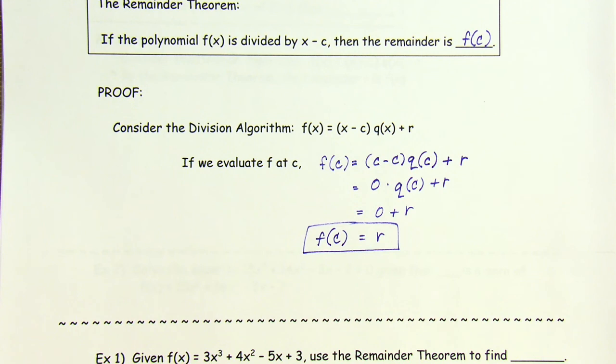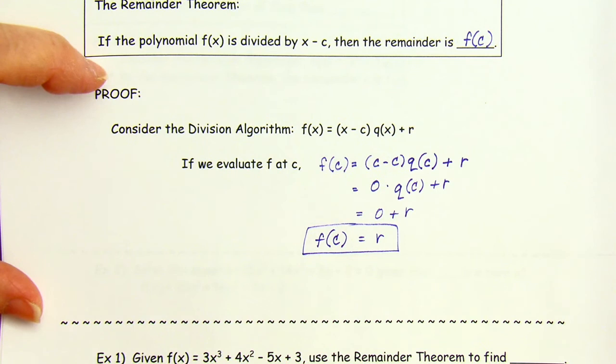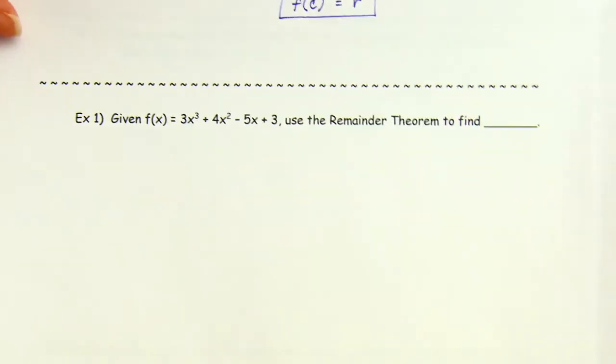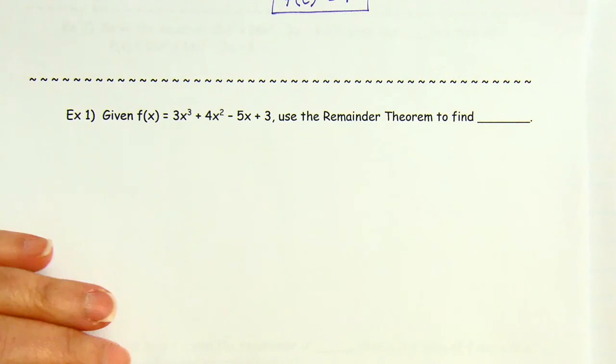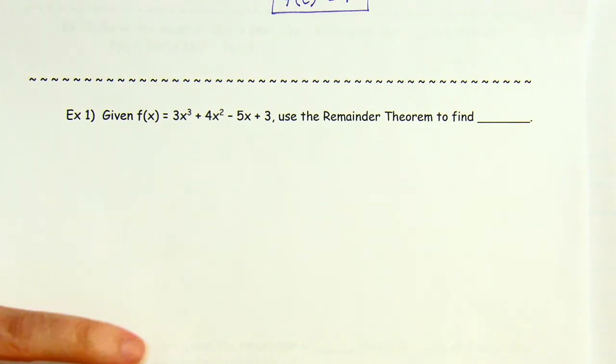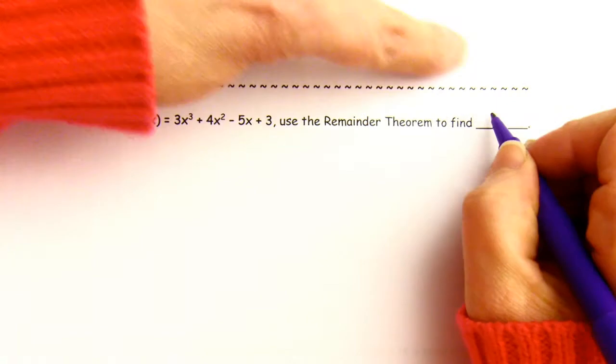Now, when we're using the remainder theorem to find something like, on the first example on this page, it says, given this polynomial function, use the remainder theorem to find f of negative 4.